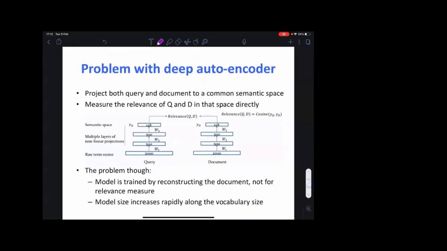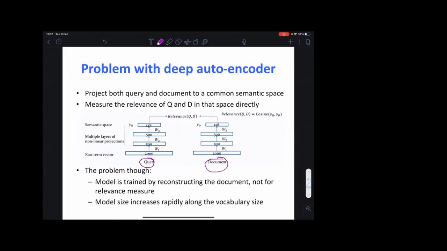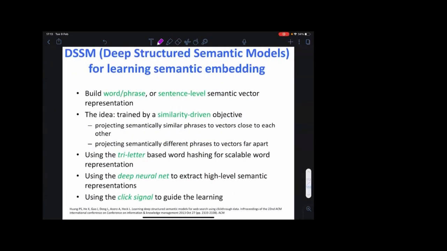So the search problem can be converted into this: I have this query and this document, I build an embedding into a low dimensional space, and somehow measure the relevancy between the query and the document. This relevancy can be computed using, for example, cosine similarity in this low dimensional space.